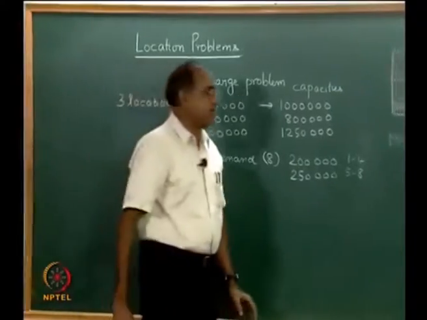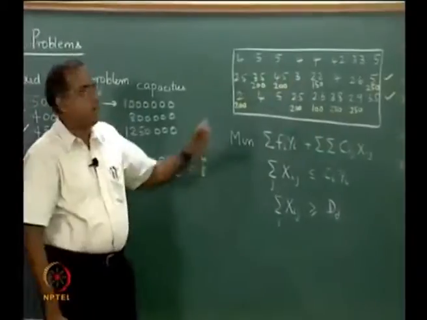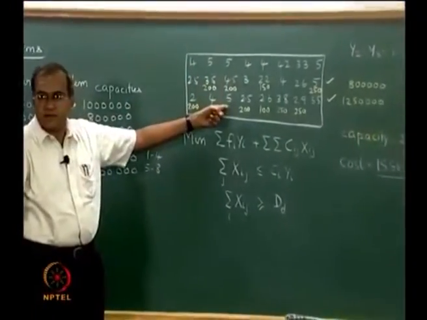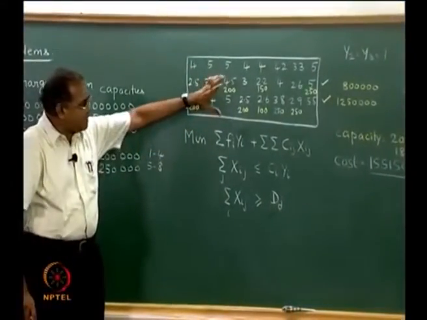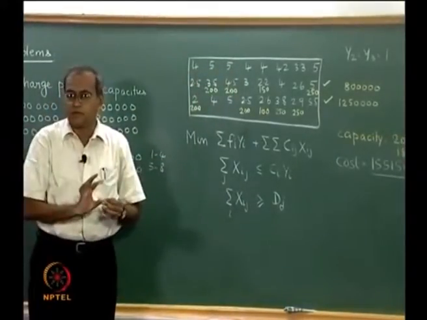Another way of solving it is to try and solve a transportation problem first, looking at all of these, and then we will get some facilities being used, some facilities not being used.